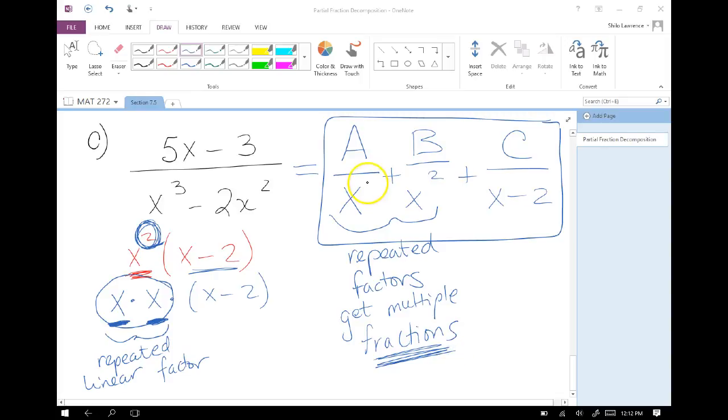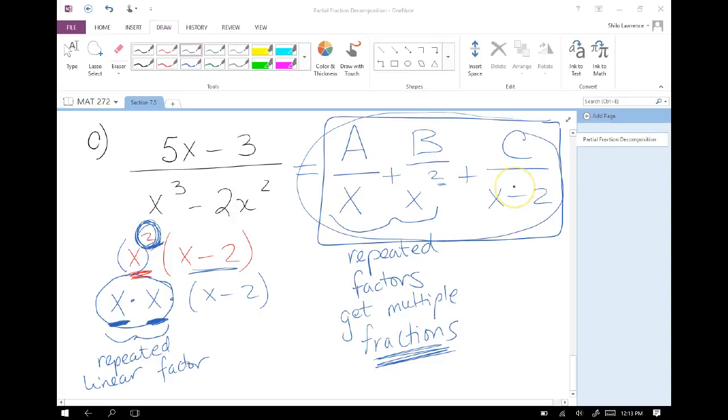You start with just one of them and you work your way up until the power matches what you have in the factorization. Now that squared does not mean quadratic, it means repeating. If the squared was on the inside of the parentheses, that would mean quadratic. You can think of that as the square being outside the parentheses, which means repeating. So this would be our setup.